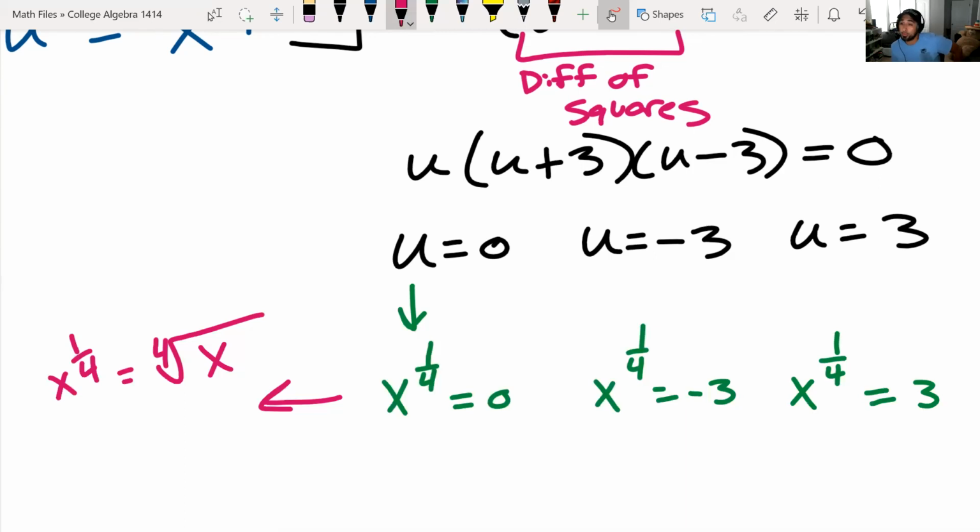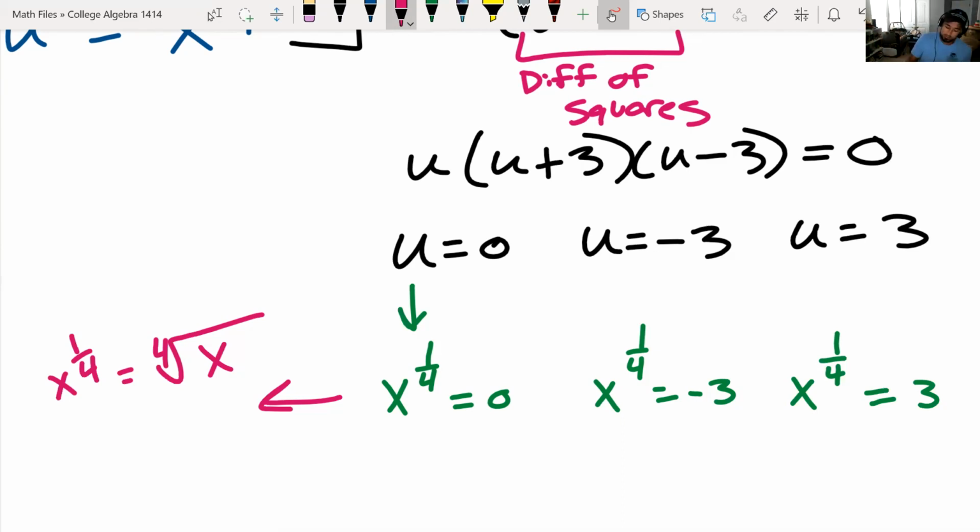So to get rid of the 4th root, all we have to do is raise everything to the reciprocal power. The reciprocal of 1/4 is 4. So if 1/4 is the power, we must raise it by its reciprocal power of 4. There you go.